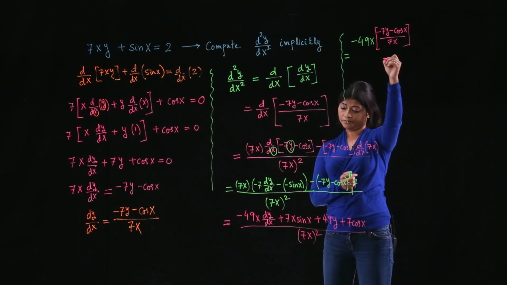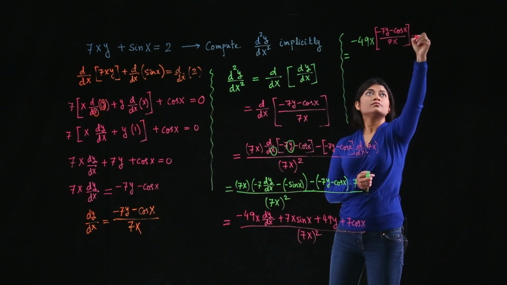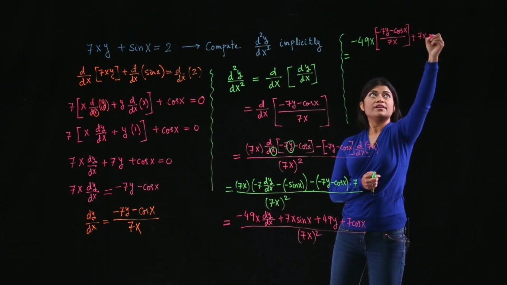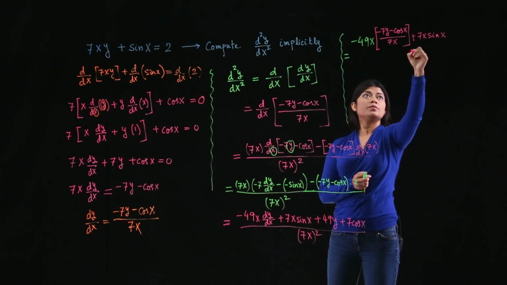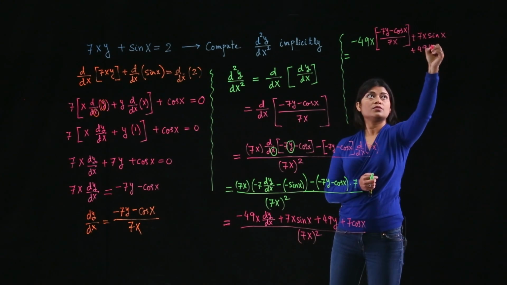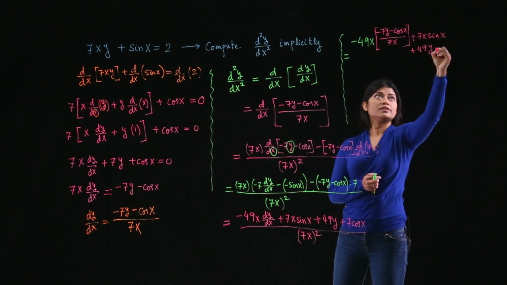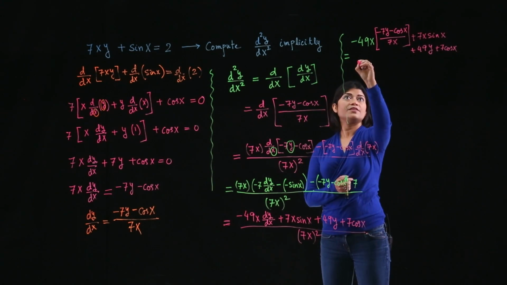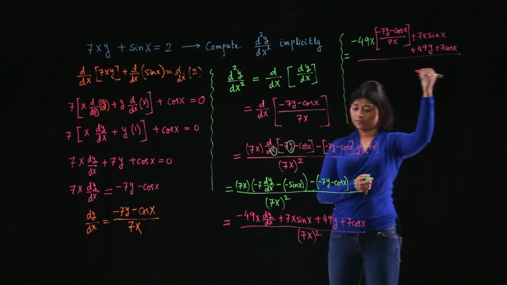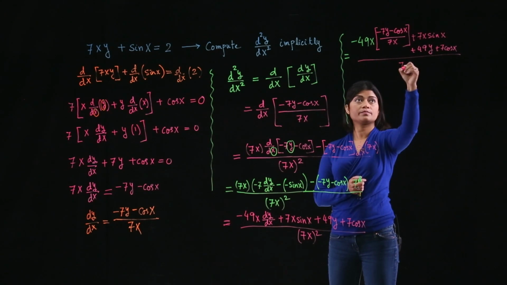So we will have plus 7x sine x plus 49y plus 7 cosine of x, and everything divided by 7x squared.